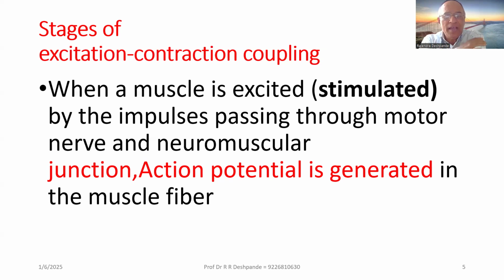So here in the hand, the neuromuscular junction is there and the cells are getting excited, and naturally the RMP, resting membrane potential, is converted to the AP, action potential. So this is the first step in excitation-contraction coupling: stimulation from the brain through the motor nerve to the NM junction, neuromuscular junction. AP is generated. What next?